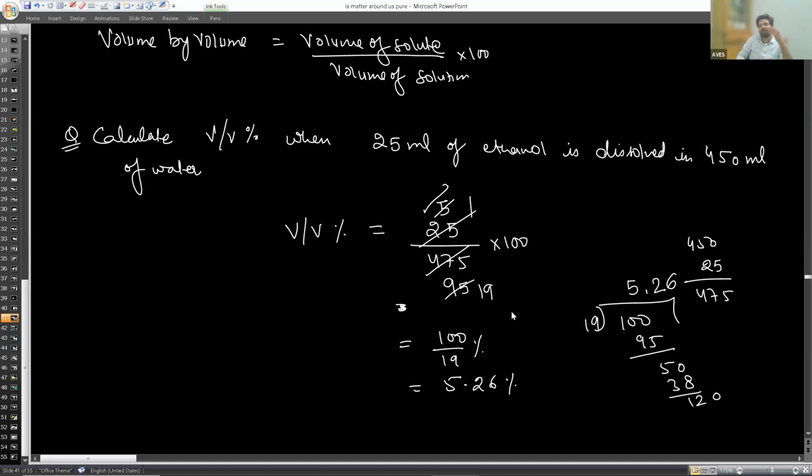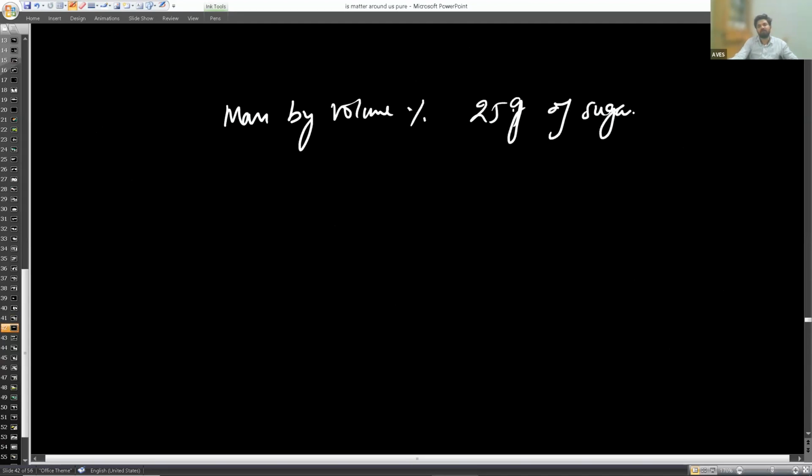It is given to you: calculate mass by volume percentage when 25 gram of sugar is dissolved in 100 ml of water.